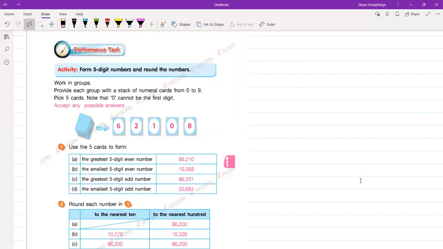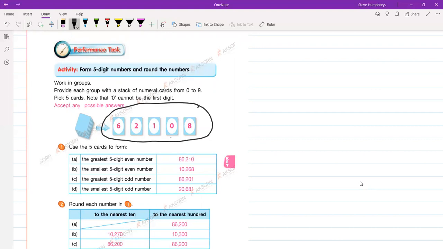So here you can choose 5 digits, okay? But if you choose a 0, do not put that as your first digit in your numbers, okay?